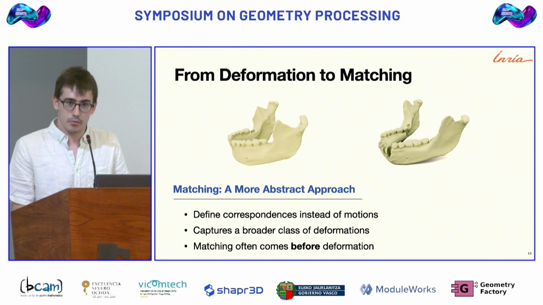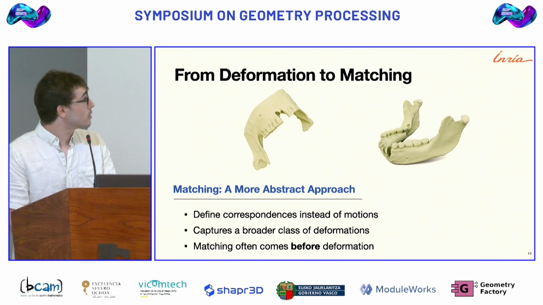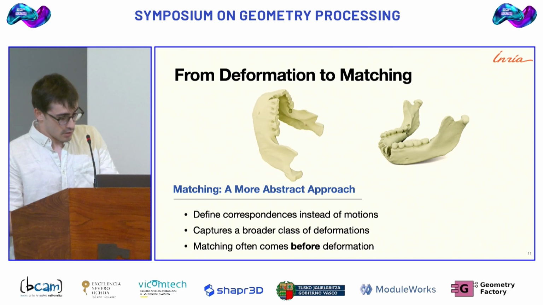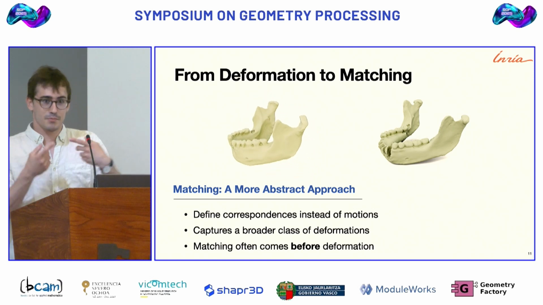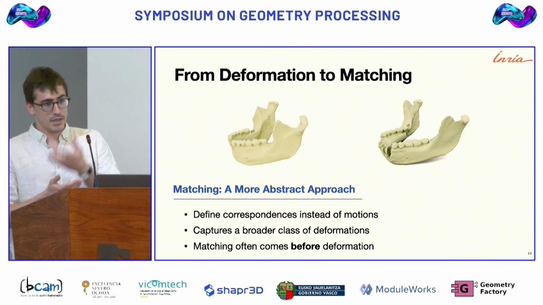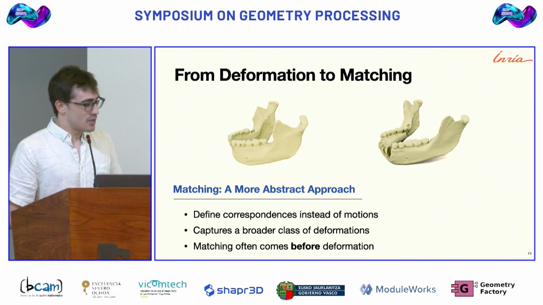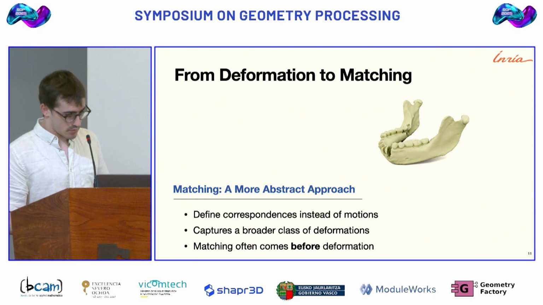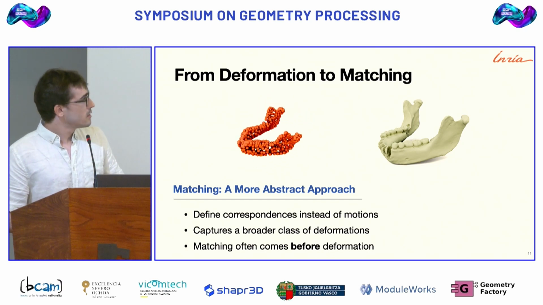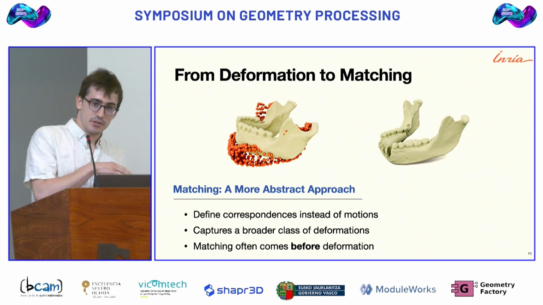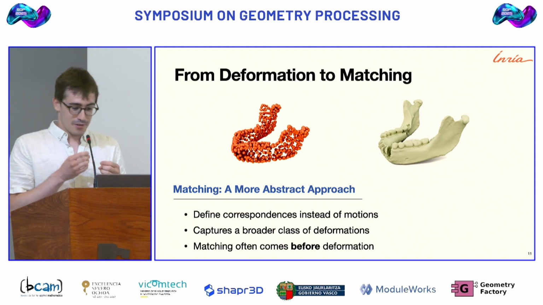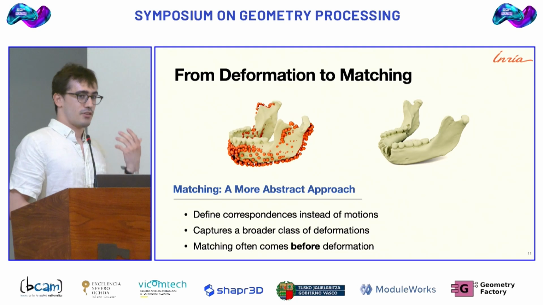And how ICP works is you compute correspondences, and then you compute the best rotation that aligns with the correspondences. So essentially, I have correspondences. I think I have a small video showing this. I have correspondences, and then I'm trying to find the best rotation that aligns with the correspondences. So I computed the rotation after getting matching.